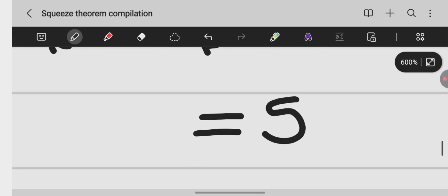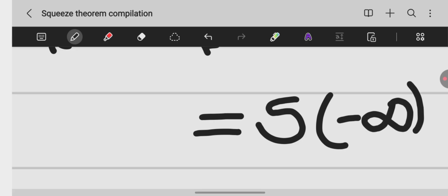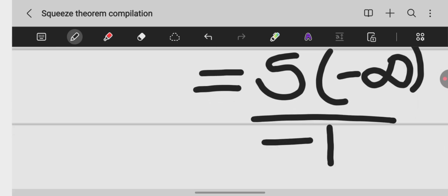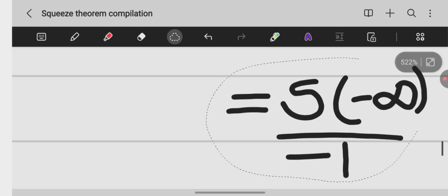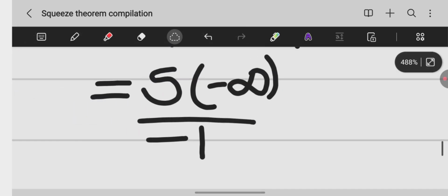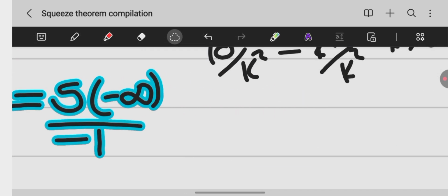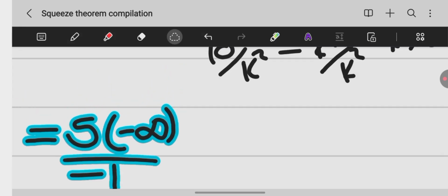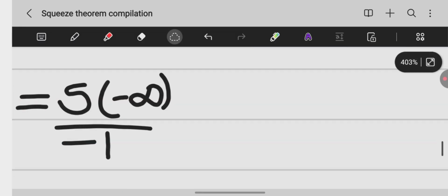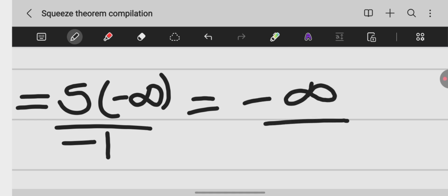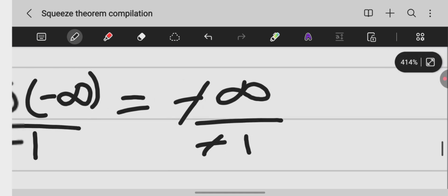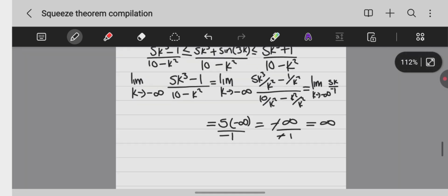So you would have 5 multiplied by negative infinity over negative 1. So if you think of it, this would be negative infinity over negative 1. The negatives cancel, and you would have an infinity there, right?